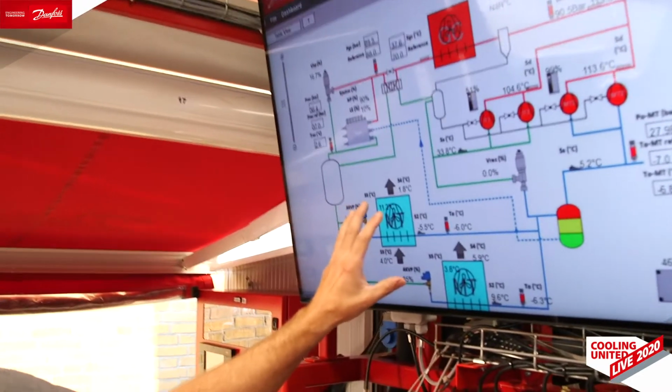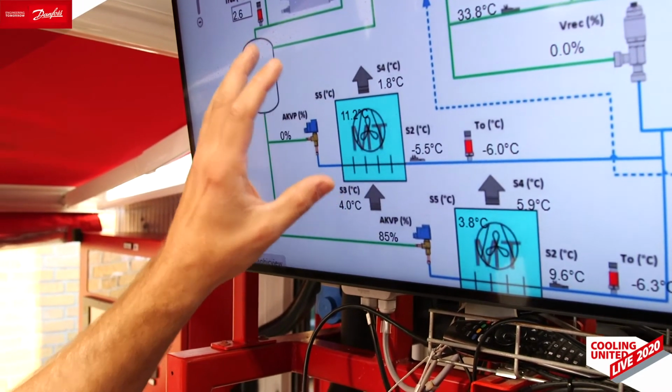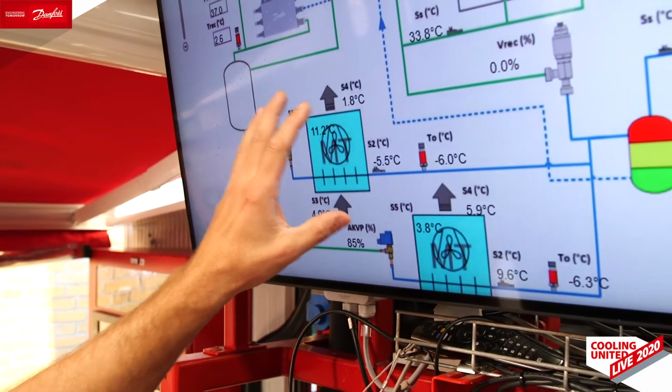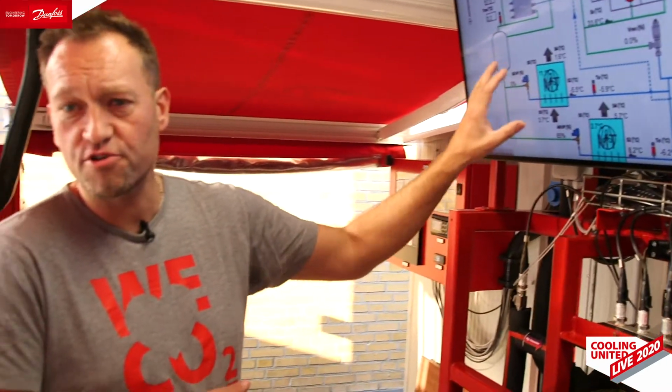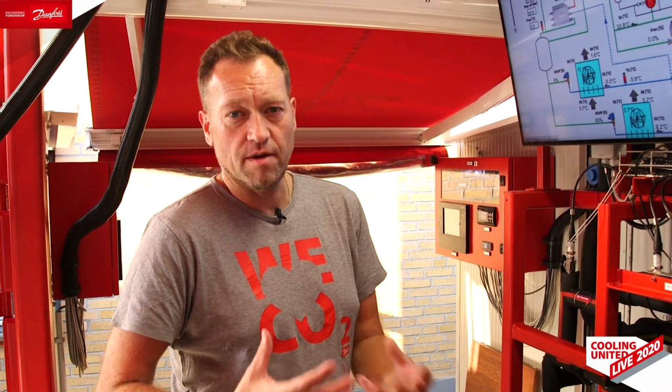So the most loaded cabinet or the most loaded room, we will utilize the coil fully, and that means that we can change the suction temperature, the suction pressure of the compressors. And we know traditionally that for every degree Kelvin we can change the suction temperature, we also save 2 to 3% of energy on the whole refrigeration system. So that's really a big benefit to go for. So that is the efficiency.